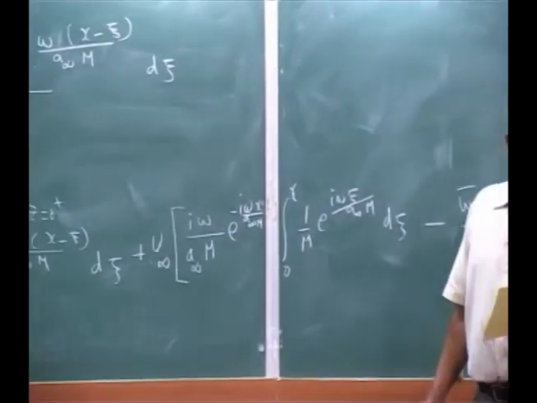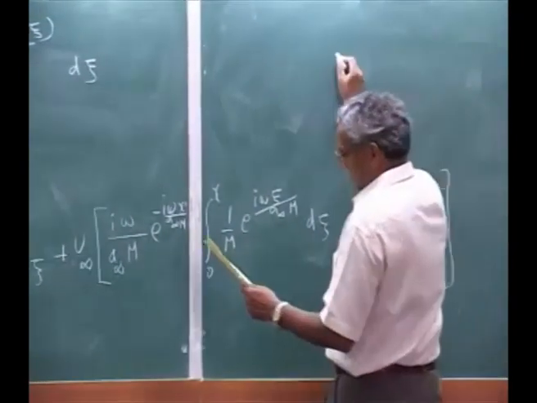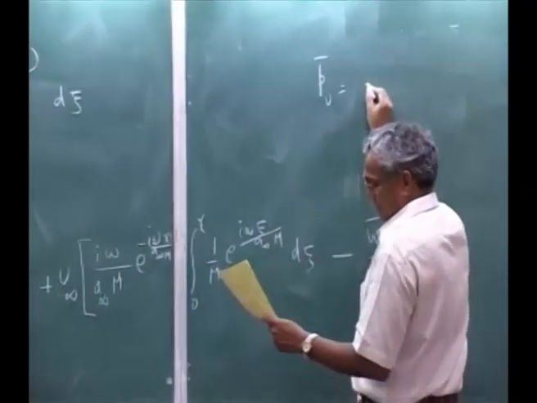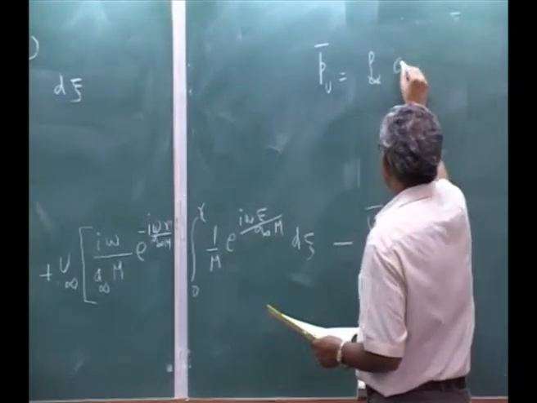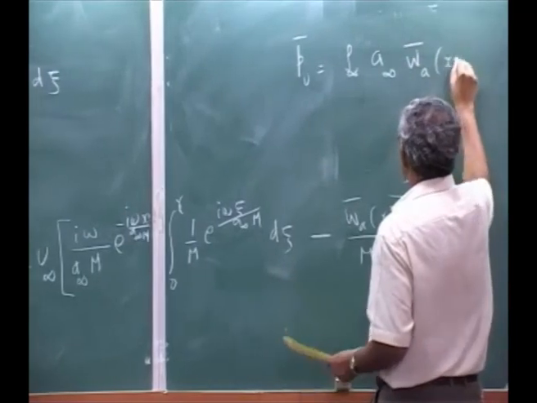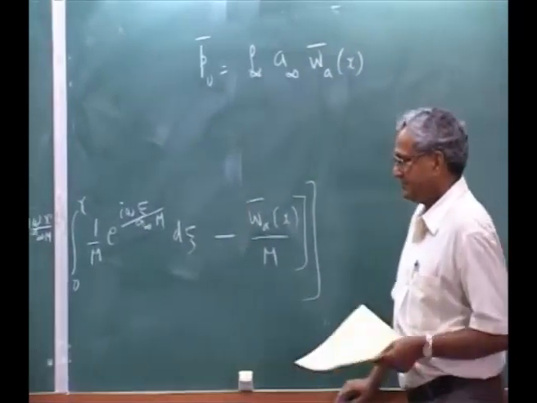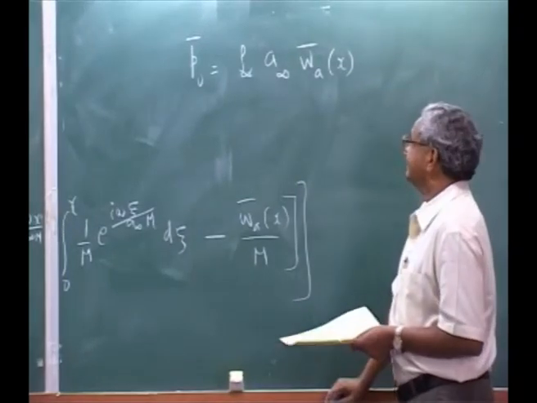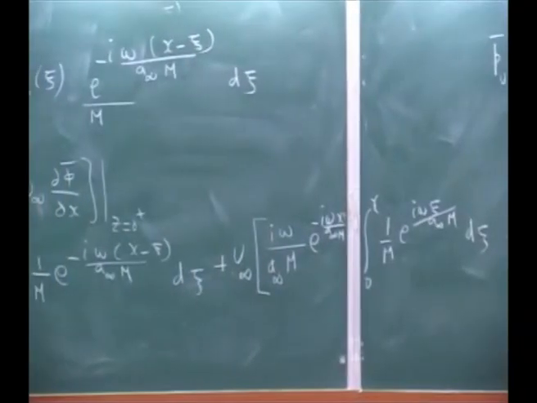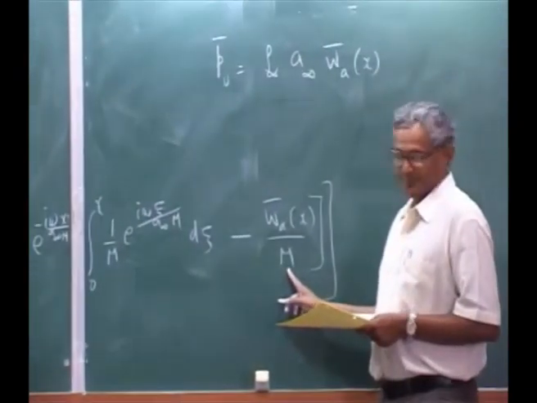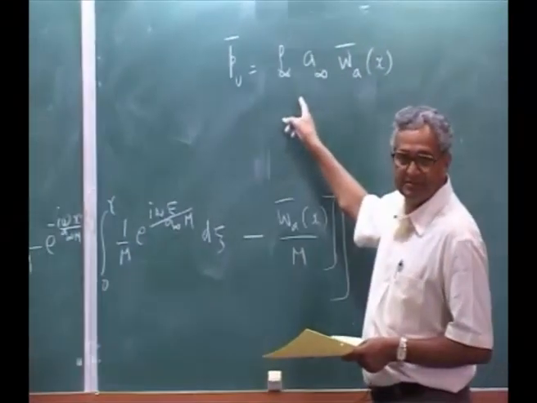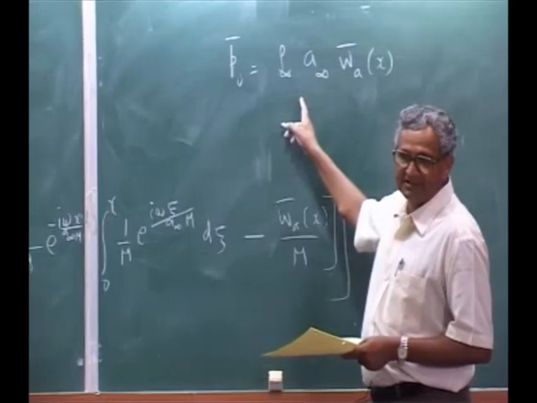And you will be left with a very simple expression where P_u is rho infinity a infinity, because u infinity over M is nothing but a infinity.